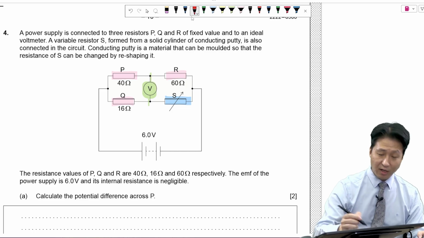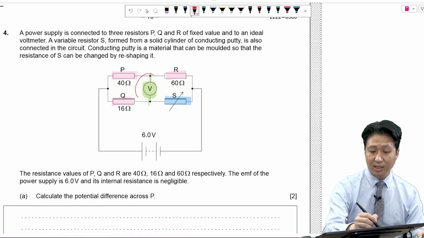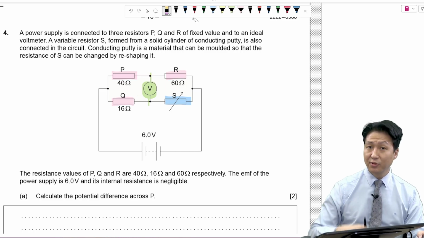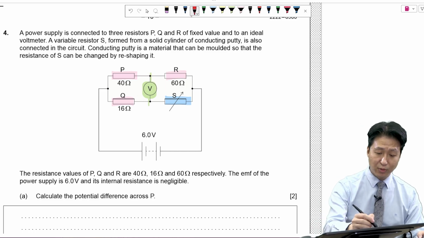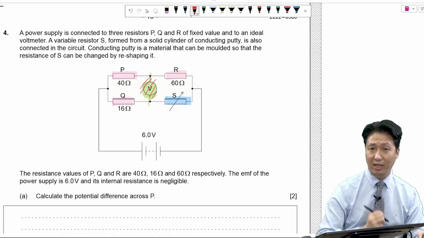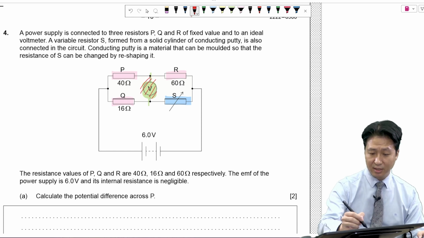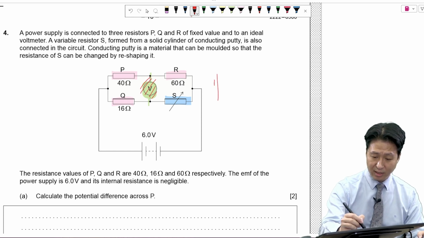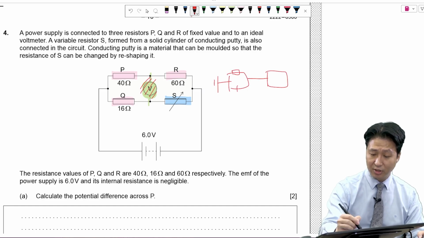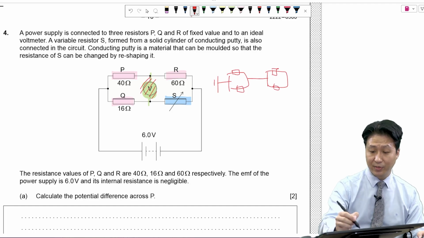So, first things first, this is the ideal voltmeter, so no current is going to go through that. You should probably just imagine that it's not there for now. Because one mistake a lot of students make is they imagine this to be 2 parallel circuits in series, which is not true.